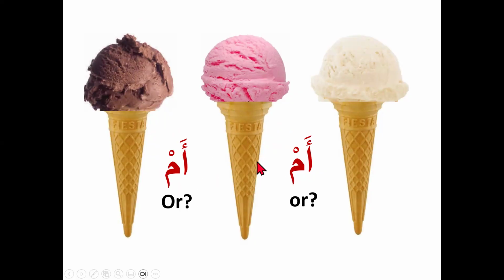But if you just choose by yourself, if I ask you, do you want vanilla, strawberry or chocolate, and you decide, I want vanilla or strawberry, it means you're not asking, you're deciding by yourself. In this situation, you will use aw, not am.